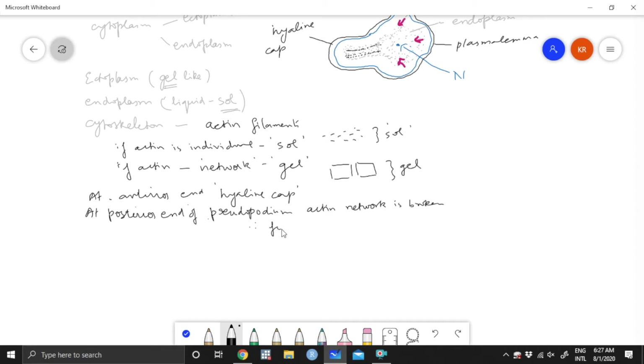Therefore, formation of sol. Okay, and this formation of sol is therefore called as solation. So sol is squeezed anteriorly.